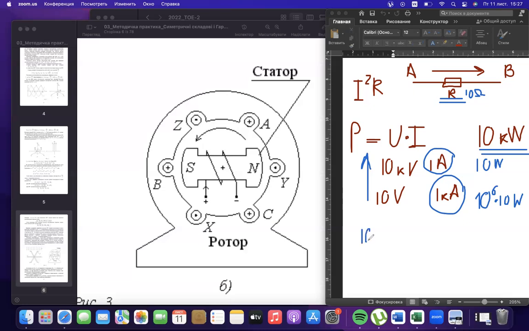We are starting from, for example, 10 kilovolts and so on for 110, 220, 500 and so on. Values of kilovolts voltage. It is much more efficient.